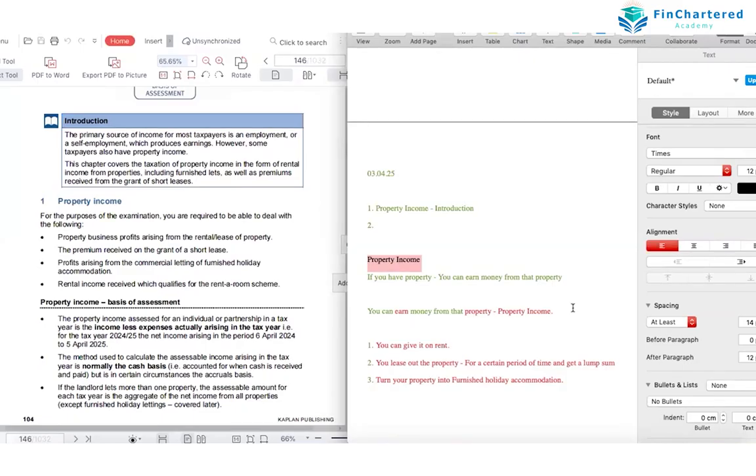I can't promise, but I will try to. You can earn money from that property in multiple ways, which is mentioned below.